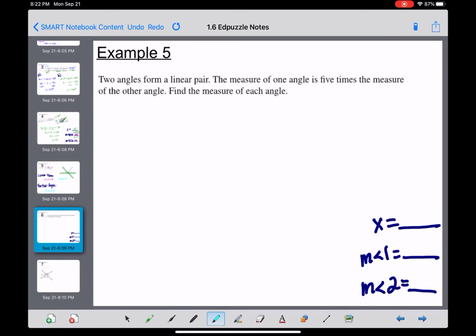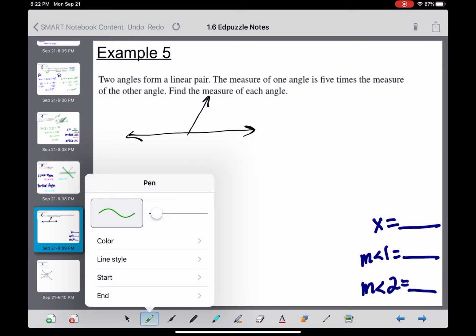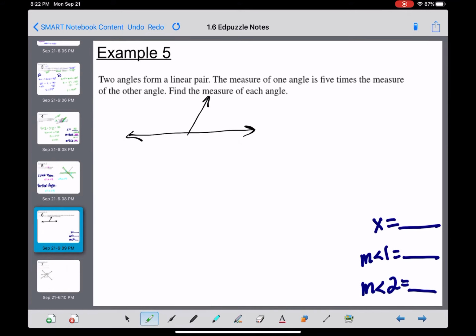Solving for a linear pair, so I'm just going to set up a picture. So I have two angles that form a linear pair, so that means we have a straight line and a common side. The measure of one angle is 5 times the measure of another angle. Well, I don't know what either of these angles are. So I'm going to let my one angle be x because it is unknown.